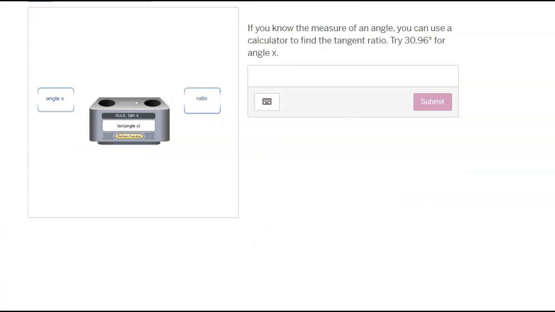degrees. If you know the measure of an angle, you can use the calculator to find the tangent ratio, such as 30.96 for angle X. We would do this by typing in tan 30.96. That gives us the ratio, which is 0.599911.